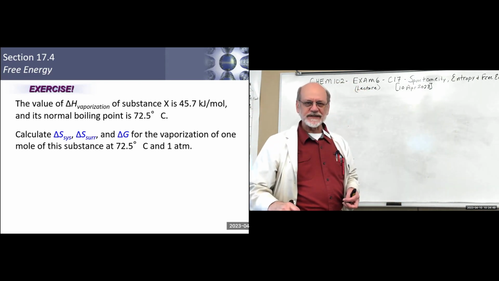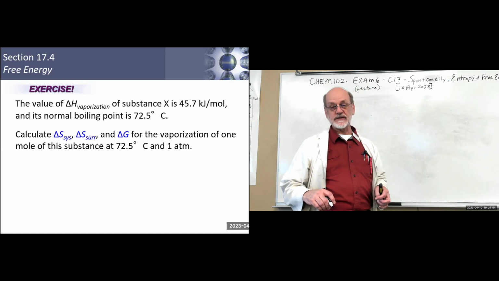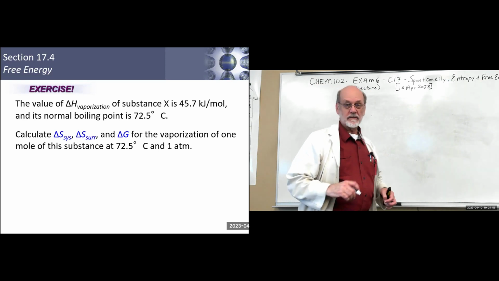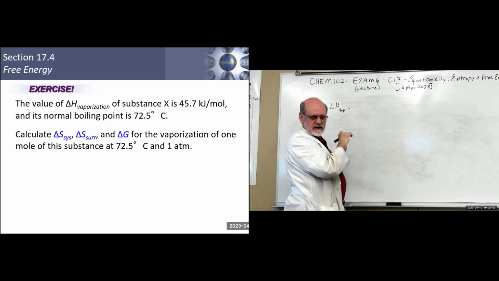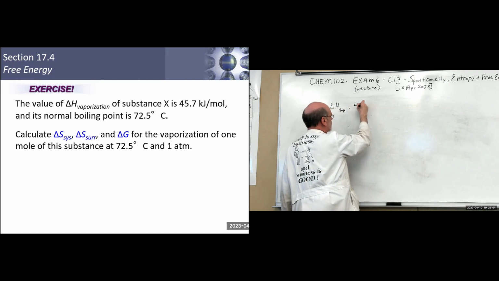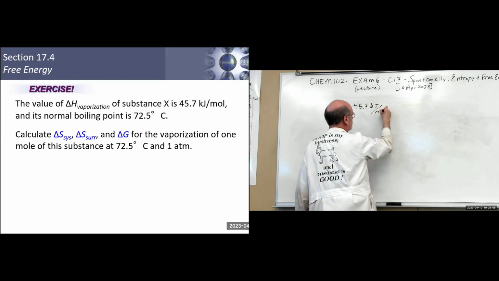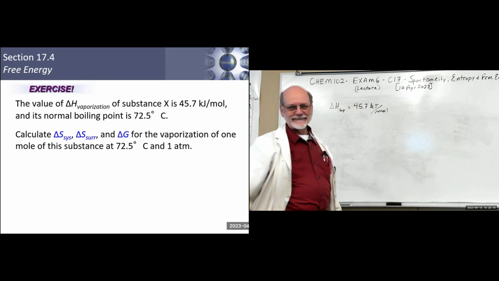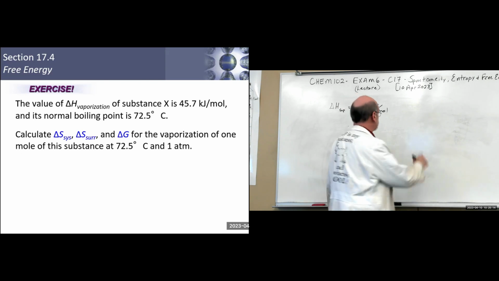The value of delta H of vaporization. What's the heat of vaporization of a substance X? Well, we're given this information. The heat of vaporization is equal to 45.7 kilojoules per mole. And its normal boiling point is 72.5 degrees.